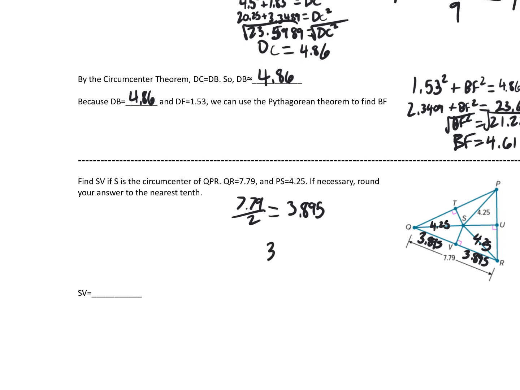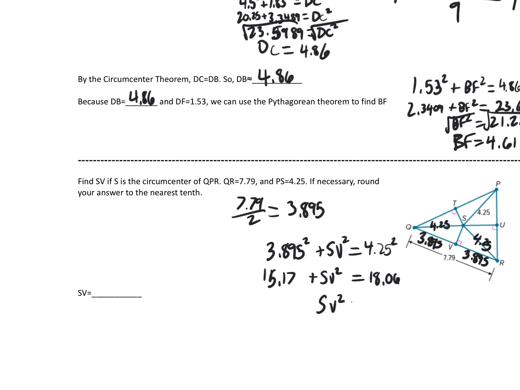So 3.895 squared plus SV squared is equal to 4.25 squared. So 3.895 squared is 15.17, and 4.25 squared is 18.06.